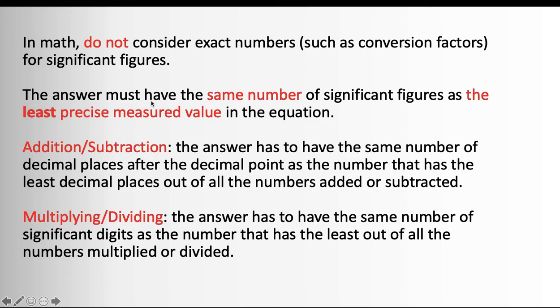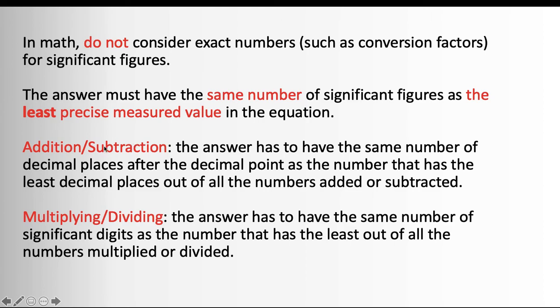The rule is that my answer must have the same number of significant digits as the least precise value in the equation, whether I'm adding or subtracting or multiplying or dividing. The trouble is when we look at addition and subtraction or multiplication and division, how we determine that least precise value is slightly different. So you need to memorize these rules.